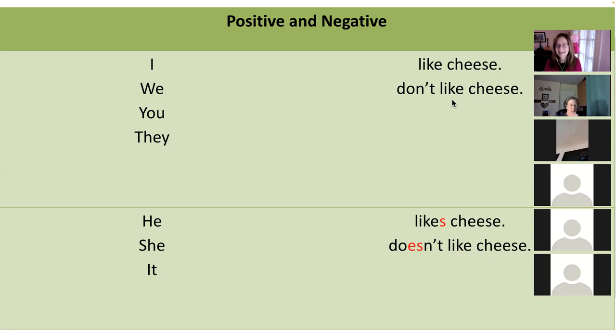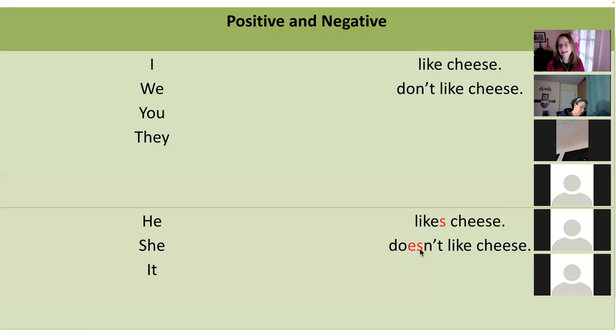Now, the students will sometimes make the mistake of just saying not. I not like cheese. But it's important we use this auxiliary verb do when we're forming questions or negatives in the simple present tense. So we have to say do not or don't for the negative. If it's he, she, or it, the positive is likes cheese with an S, and the negative is doesn't like cheese.